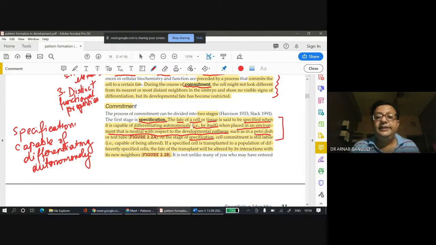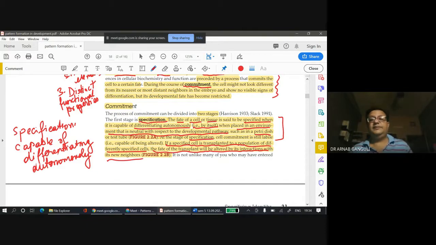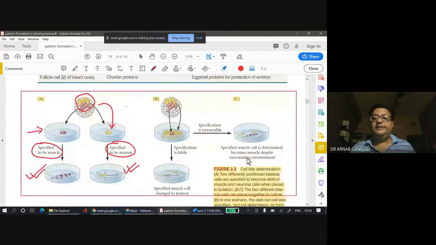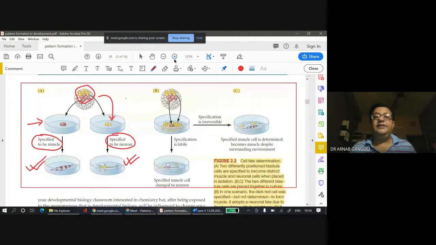That is, if a specified cell is transplanted to a population of differently specified cells, the fate of the transplant will be altered by its interaction with its new neighbors. This can be seen in this figure.